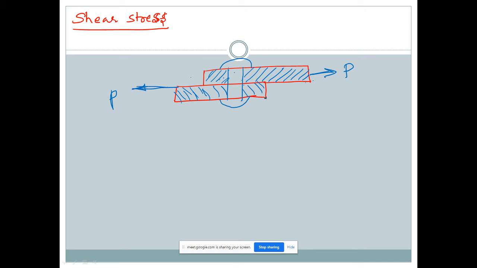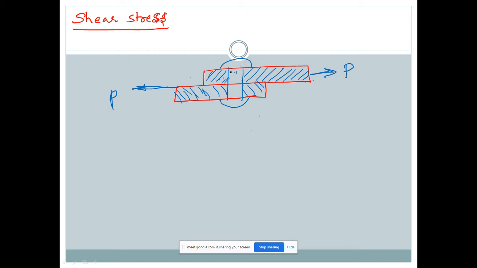Whether plates remain the same, or plates are going to displace. Now if the plates are going to remain the same, then what is the possibility of rivet shear?